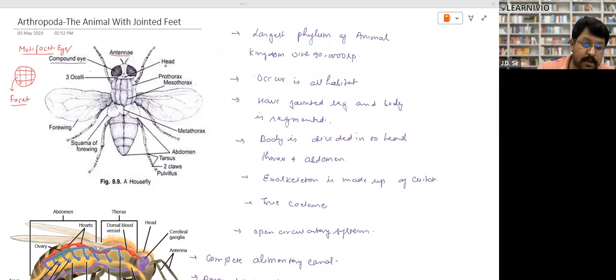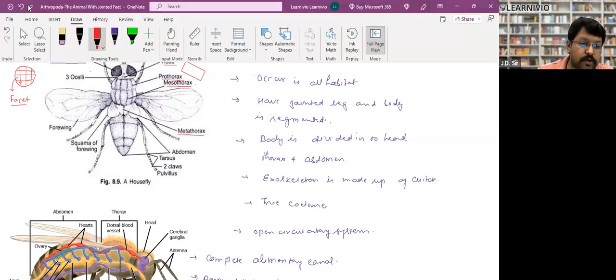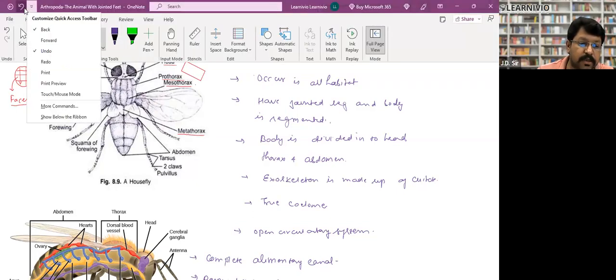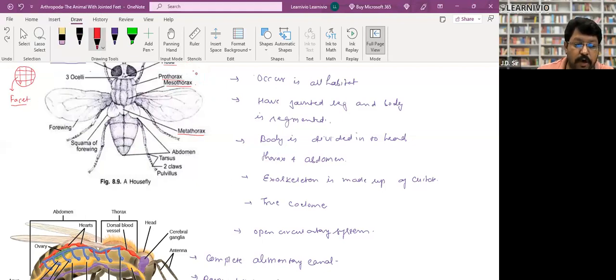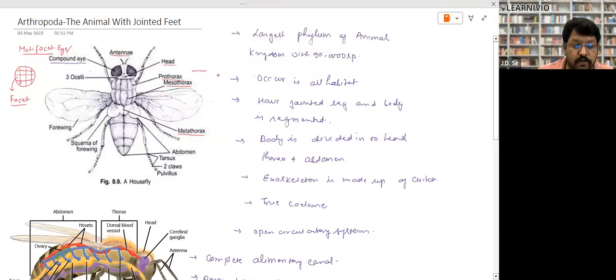This is the head part. So the body is divided into three parts. This is the head part, and there is a thorax part. The thorax, you can see, is divided into three parts: prothorax, mesothorax, and metathorax, right? Collectively, they are called the thorax, right? So the body is divided into three parts.